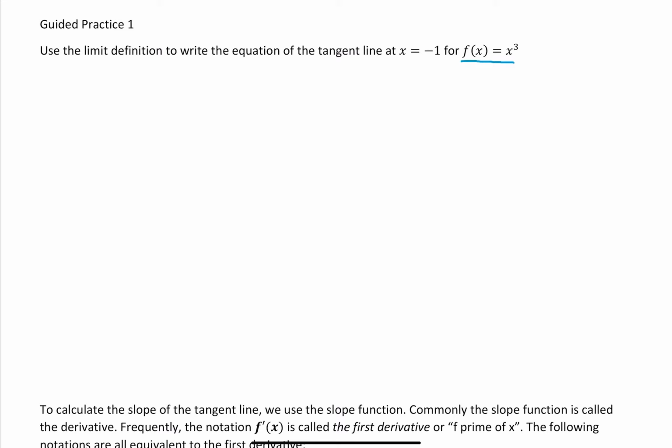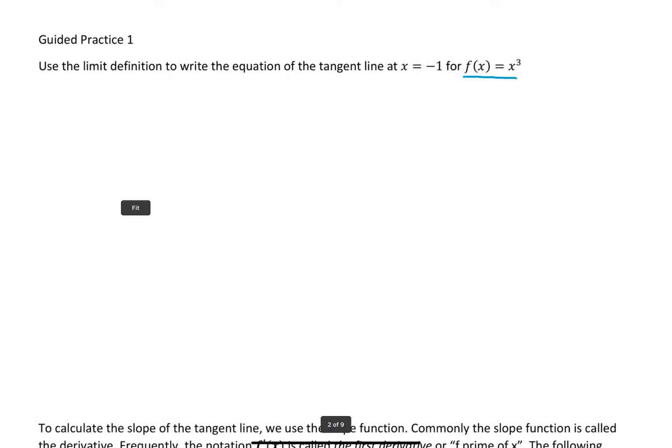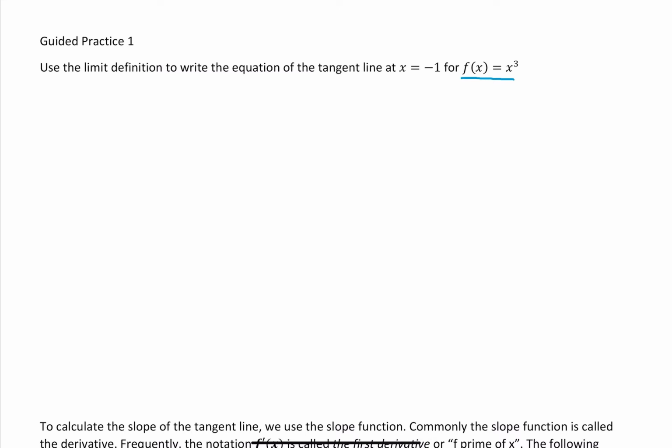All right, so if you're rejoining me, what we're calculating is f prime of negative 1. So we know that f prime, the derivative evaluated at negative 1, is the limit as h approaches 0 of (negative 1 plus h) cubed minus (negative 1) cubed, all divided by h.